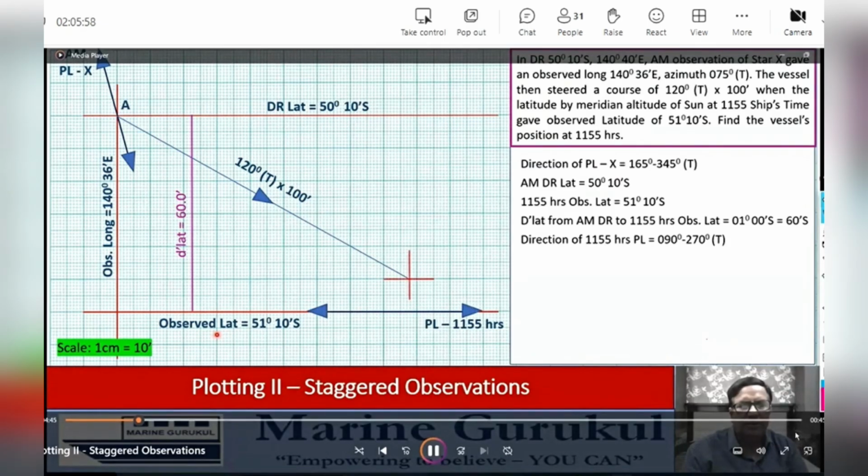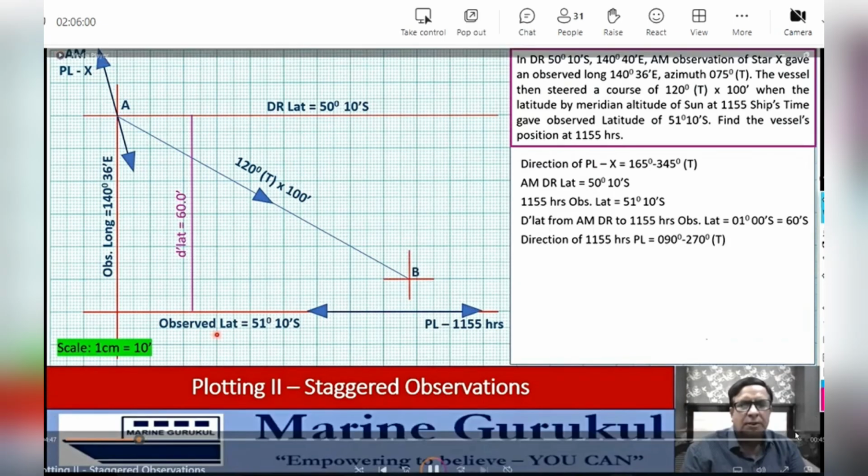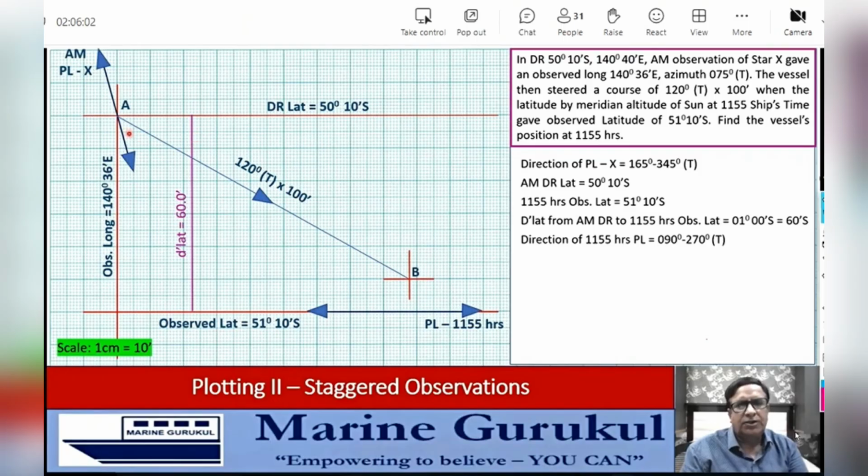And this takes us to point B. That means because of the ship steaming from morning till 1155, point A on the first PL gets transferred to point B. That means if I have to transfer this morning PL, which is in the direction of 165 to 345, it can be drawn through B, and we get this 1155 transferred PL, which is the morning PL transferred to 1155.